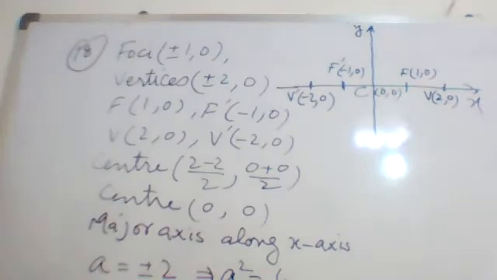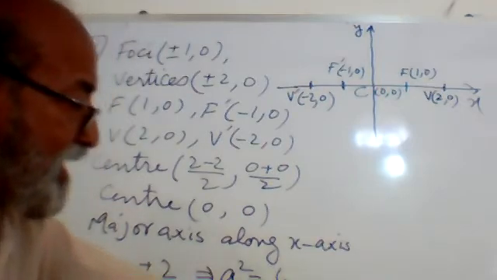So therefore this is on the x-axis. So B will be equal to plus minus root 3. So one will be over there, 0 comma root 3, and one will be over there at the same distance from the center, 0 comma minus root 3.